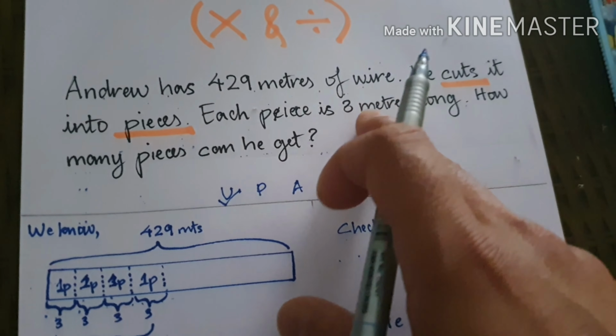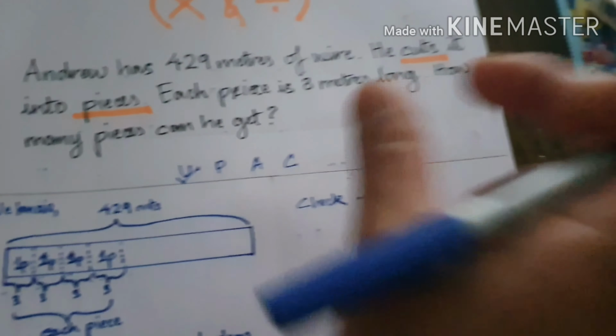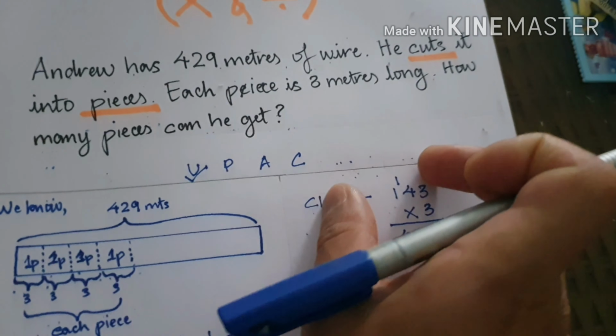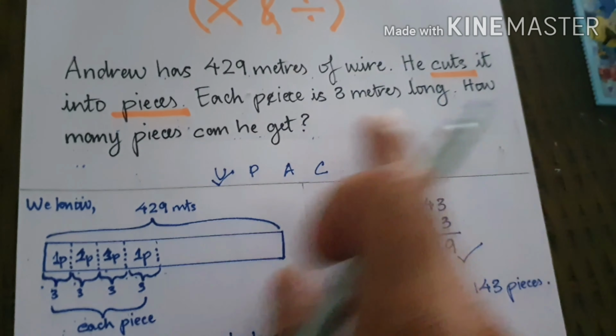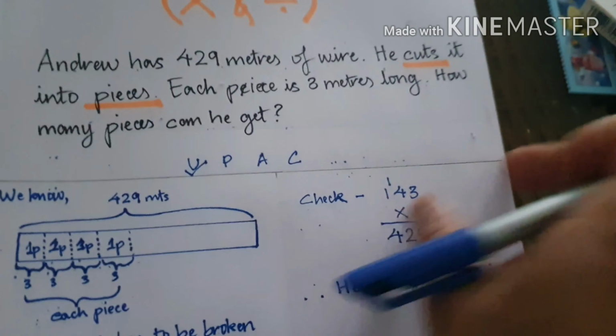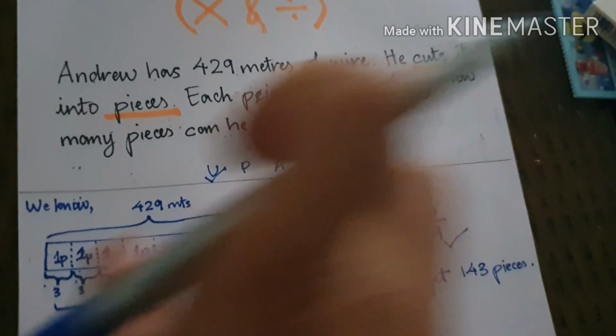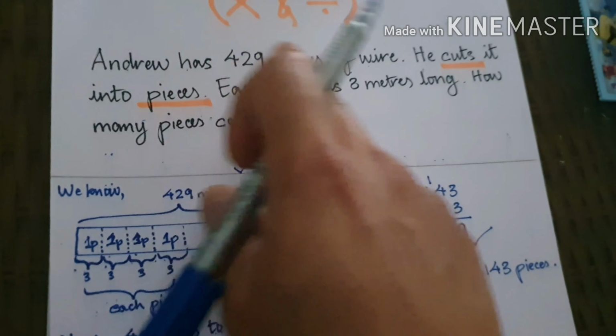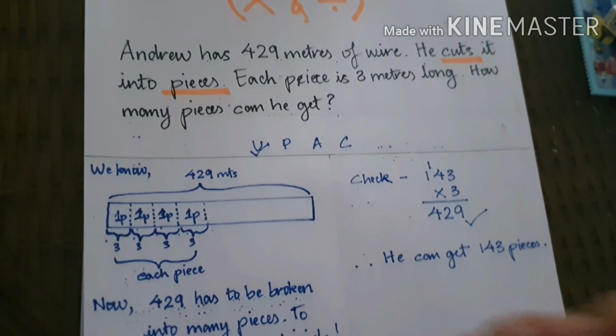Each piece is 3 meters. We are also given the length of each piece, and we need to find out how many such groups this whole wire can be broken into.